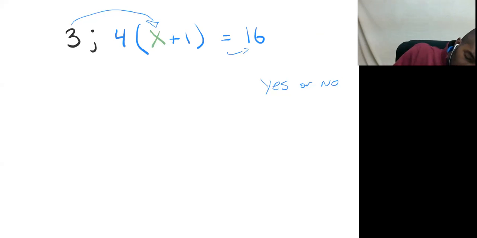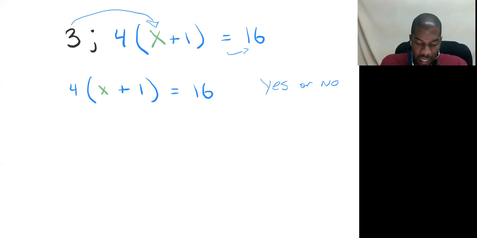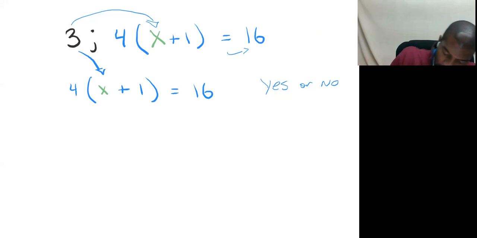Well, first I rewrite the equation. 4 times x plus 1 equals 16. Next, I substitute my test value for my variable. So it's going to be 4 times whatever 3 plus 1 is.